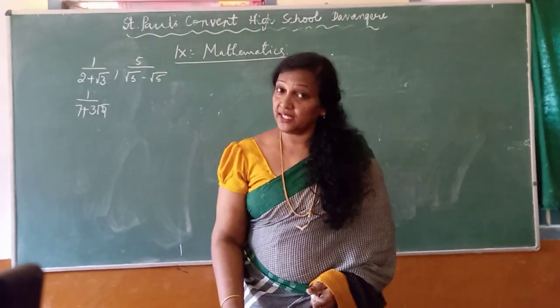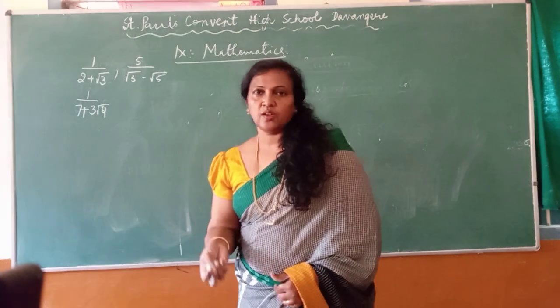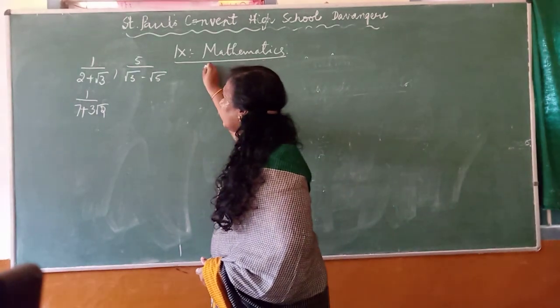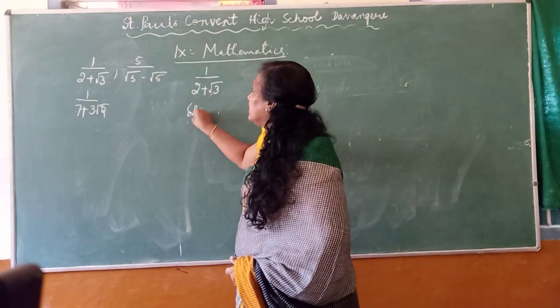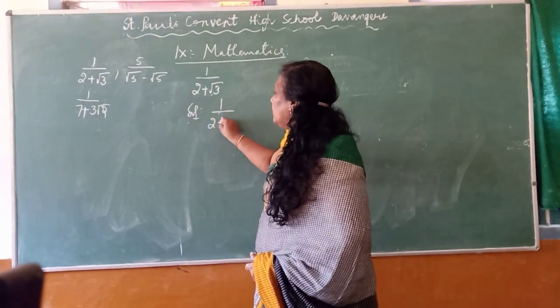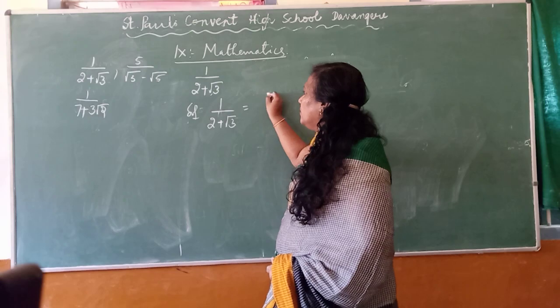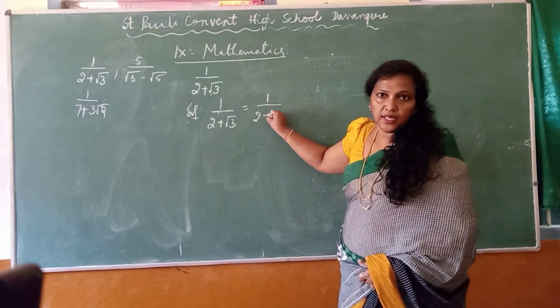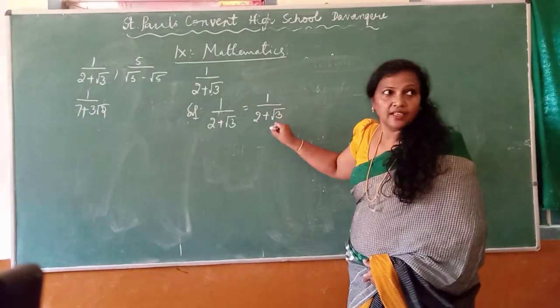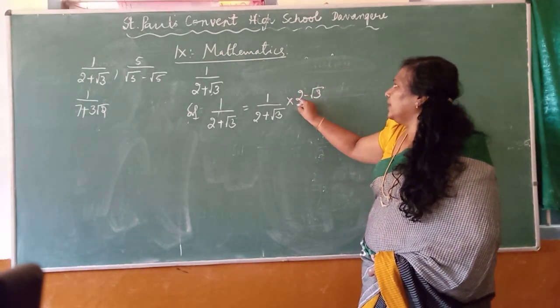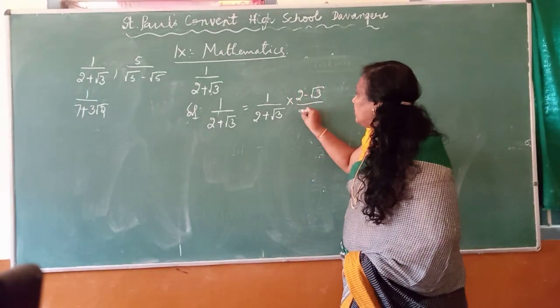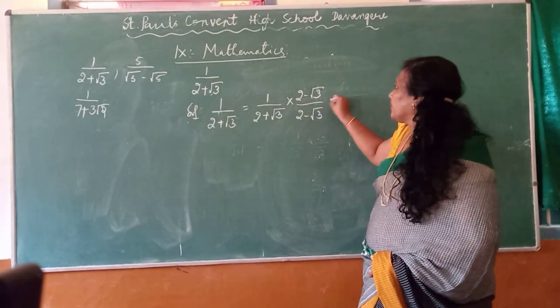You have to remember the steps, then we can solve it. So 1 by 2 plus root 3 is equal to 1 by 2 plus root 3 into 2 minus root 3 by 2 minus root 3.